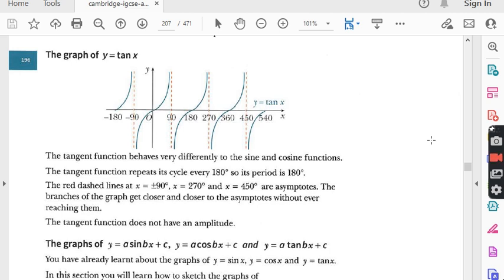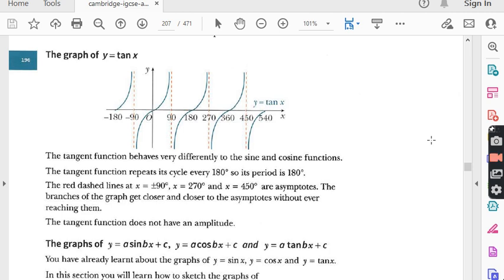The tangent function behaves very differently to the sine and cosine functions. Yes, of course, an entirely different graph as compared to sine and cosine. The tangent function repeats its cycle every 180 degrees, so its period is 180 degrees.